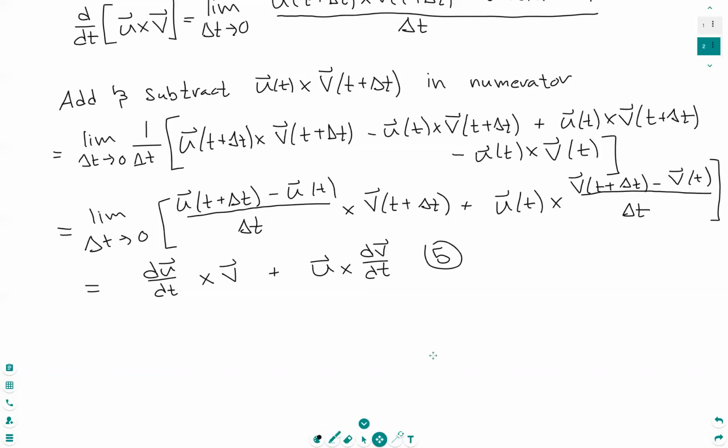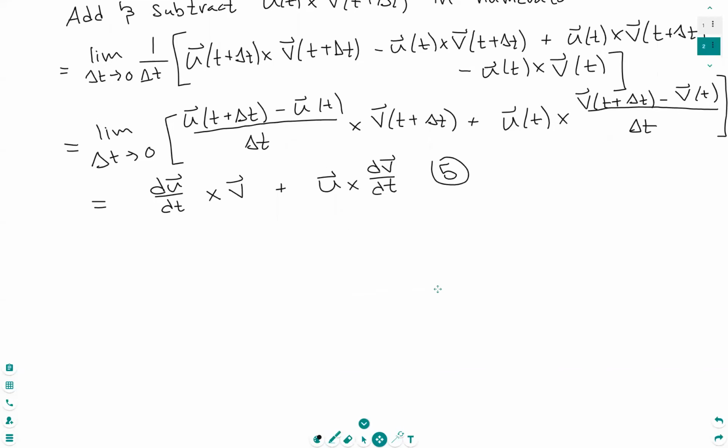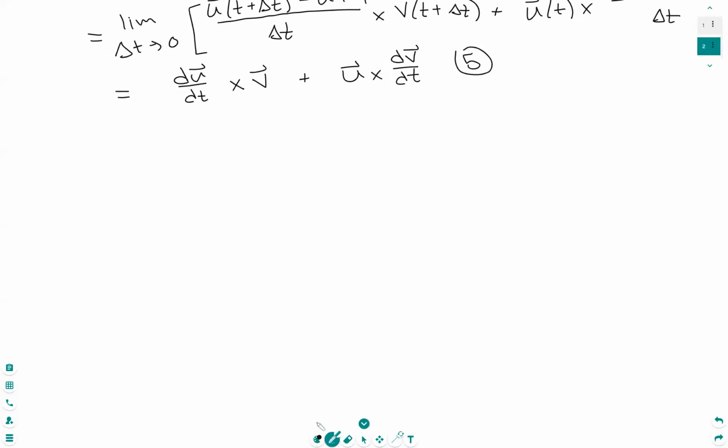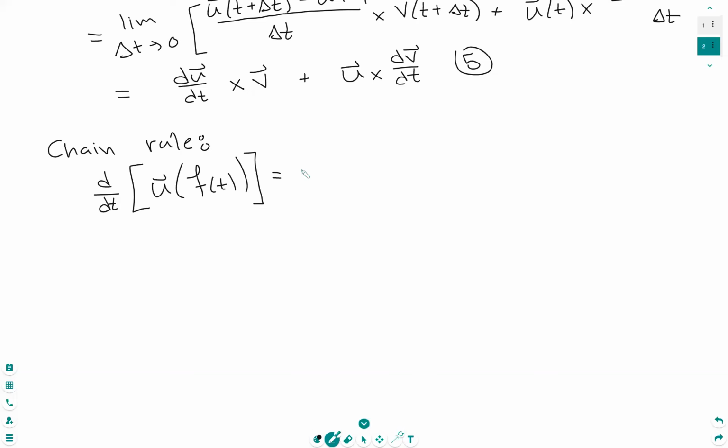And then finally, we were asking about the equivalent chain rule for vector functions. So if I have the derivative with respect to t of this vector function, but it has a scalar function f of t inside of it, let's write that in terms of its components.